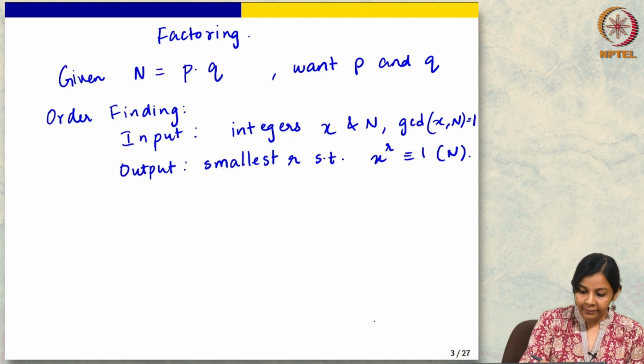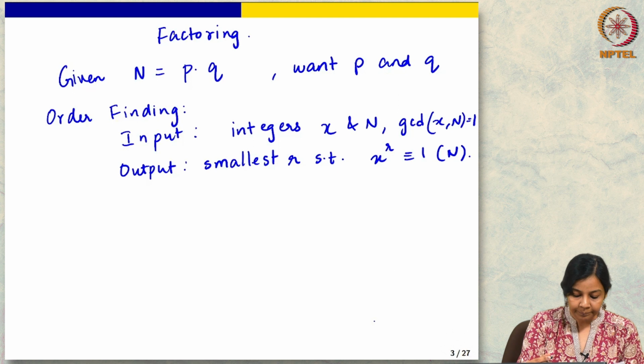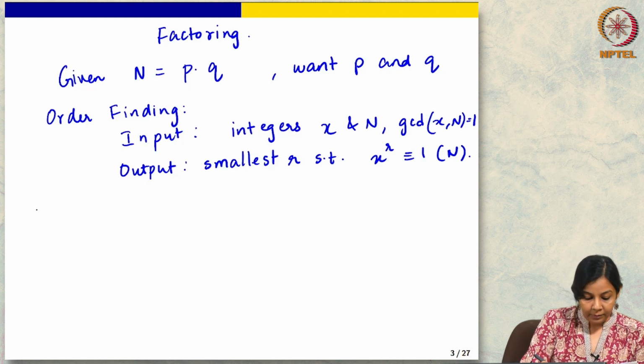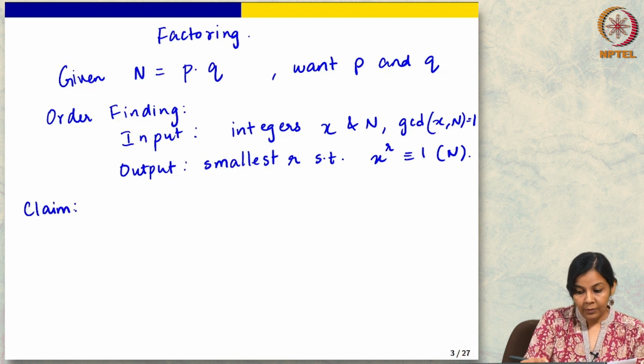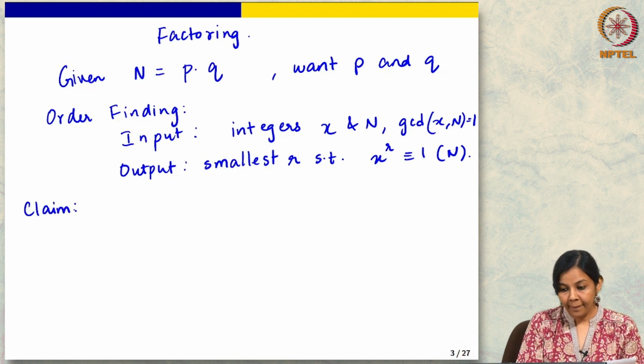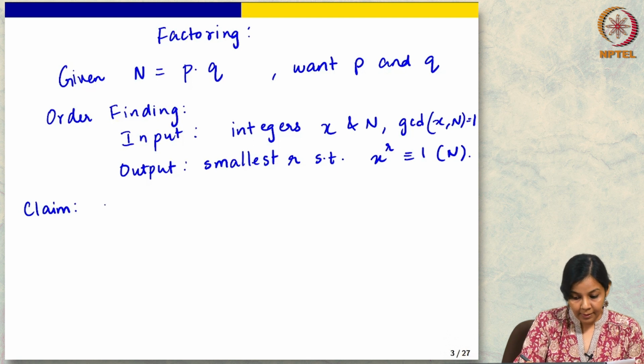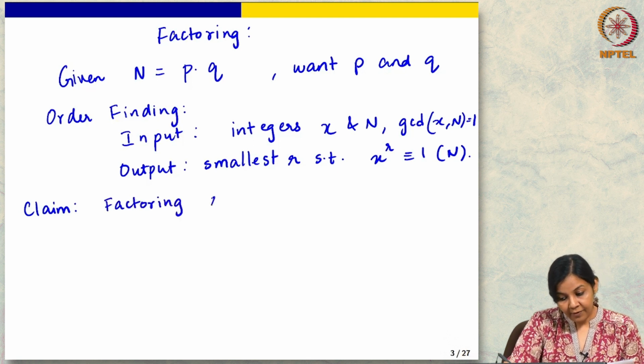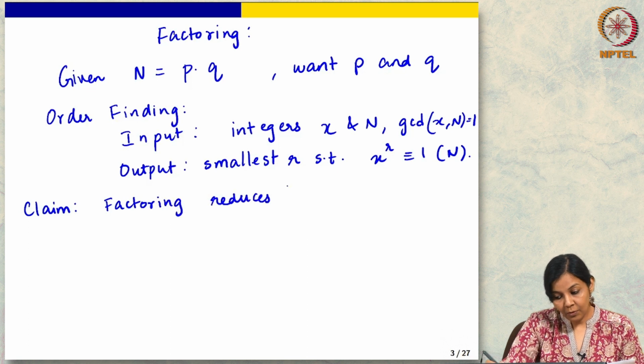So, let's prove this. So, claim: factoring reduces to order finding.